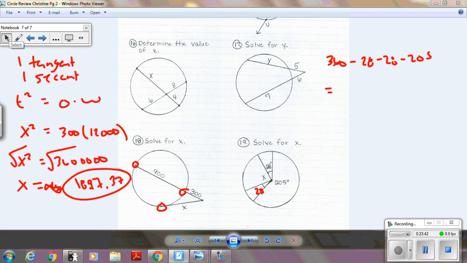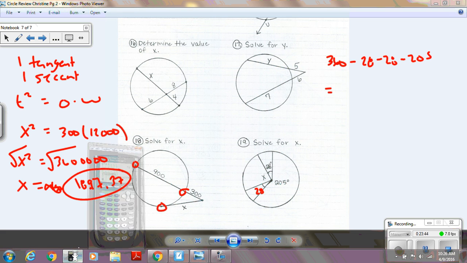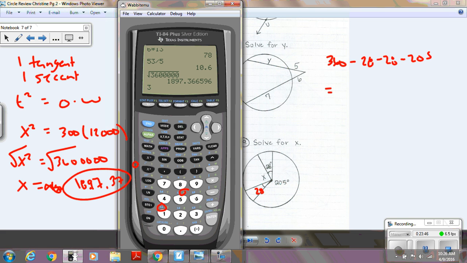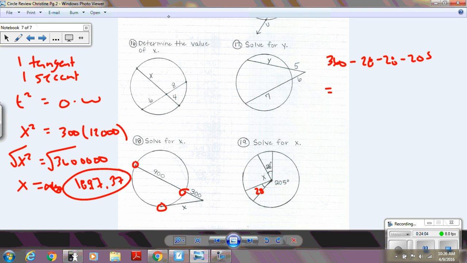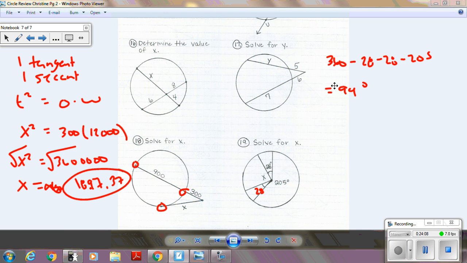So that would lead us to 99. So x equals 99 degrees.